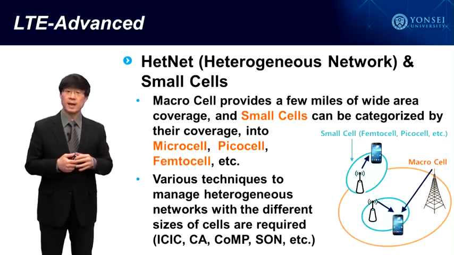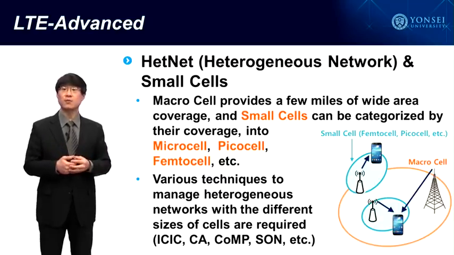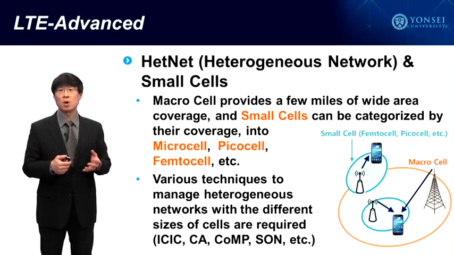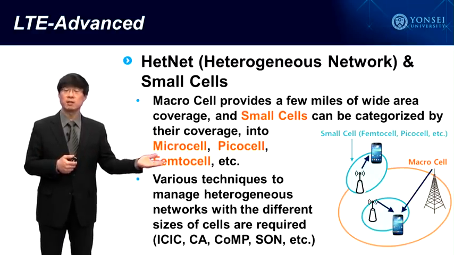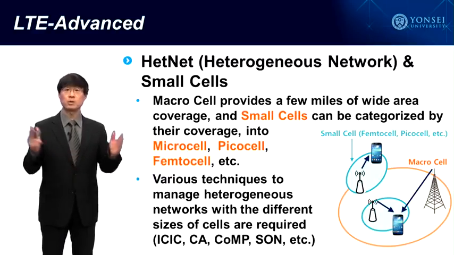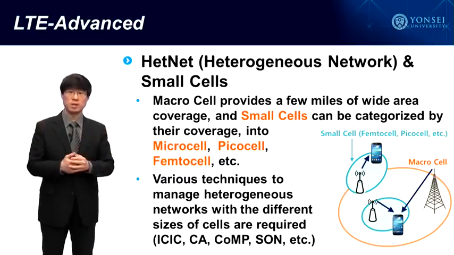When you look at the different cells, a macro cell provides a few miles of wide area coverage, where small cells can be categorized by their coverage range, which is microcell, picocell, femtocell. Microcell, picocell, femtocell are smaller cells.